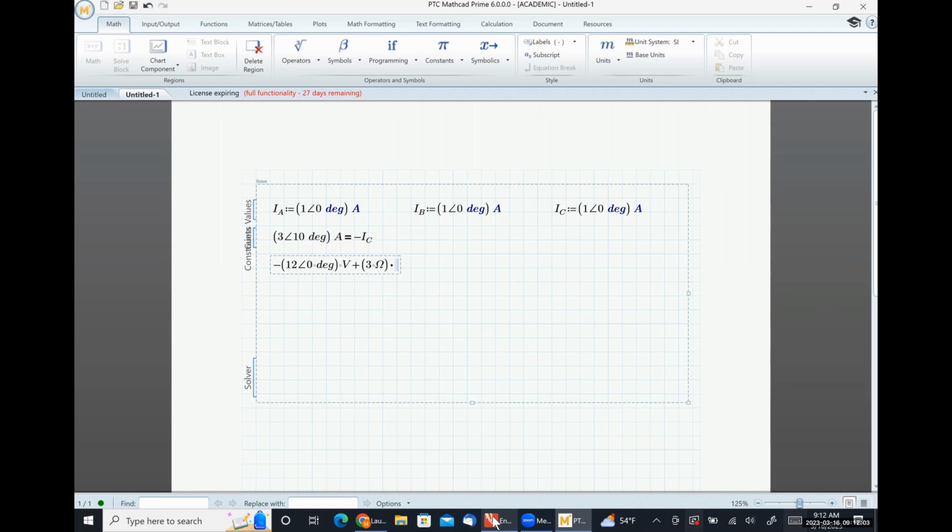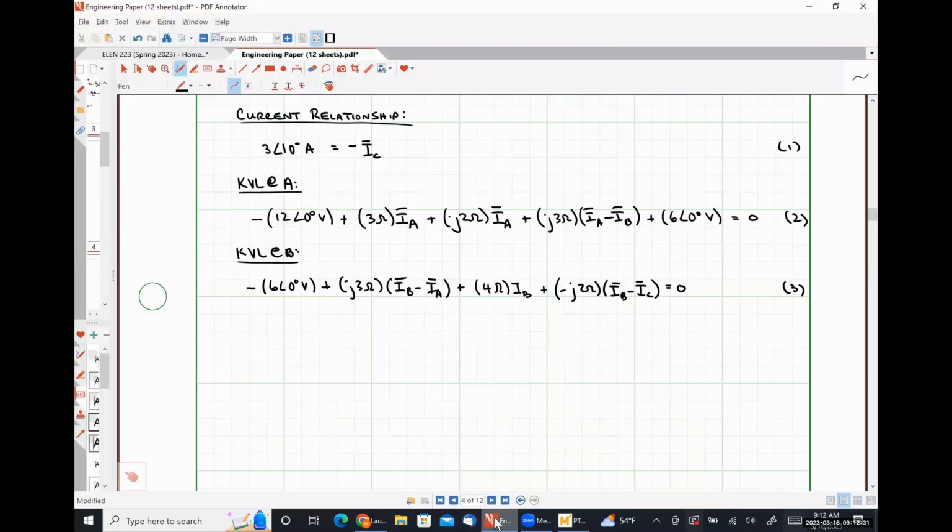So whenever I'm going to multiply two things in parentheses, I'm going to make sure that I explicitly use the multiplication sign. What MathCAD sometimes does is it treats it as a function of whatever is inside one set of parentheses, which is not remotely what we're looking for. So if we remember to explicitly tell it, hey, multiply these numbers, we're going to be okay every time. So in this case, that should be 3 ohms times IA, I believe.